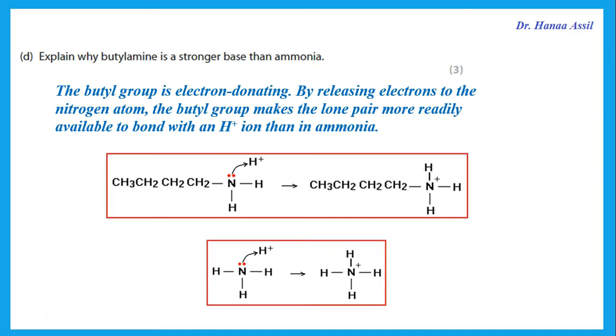But we said that the presence of an alkyl group, like the butyl group, is electron donating. That means that the lone pair of electrons on the nitrogen is more available to form a dative bond with the H+ ion than the lone pair of electrons on ammonia.